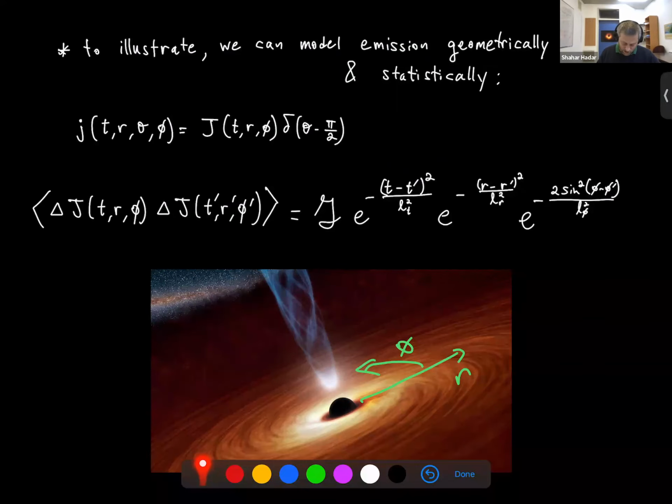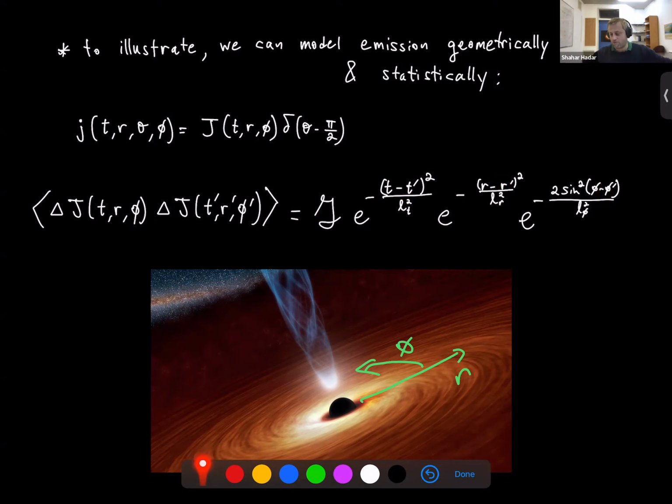And we did this analytically by introducing a source model, which basically is a stochastic source with some 2-point function of these source fluctuations, delta J, and the only thing we assumed about them is that they're local. So they're enhanced when your 2 points are closer to each other, and then they decay as they grow farther from each other.